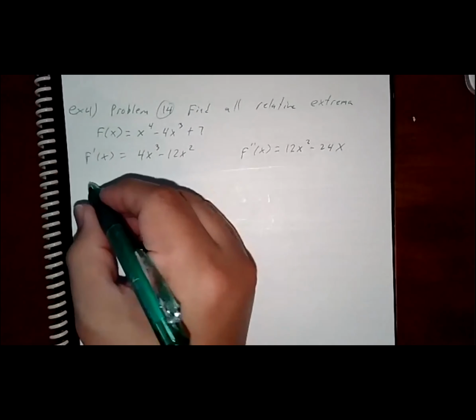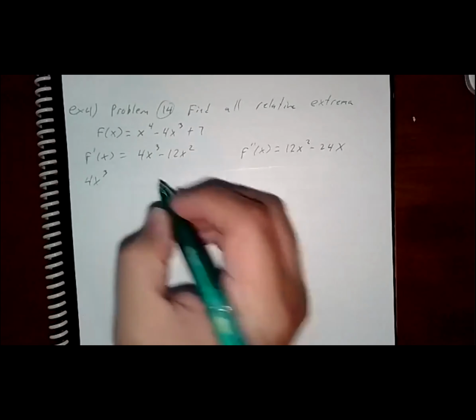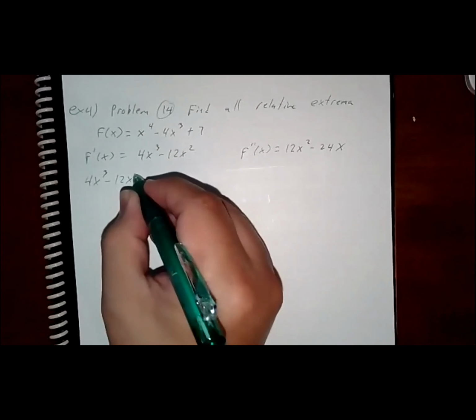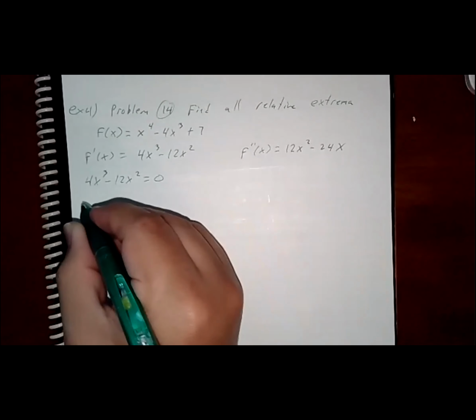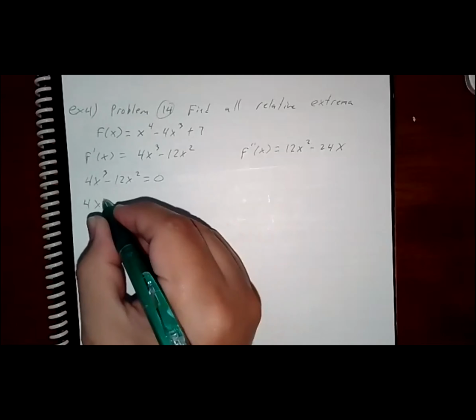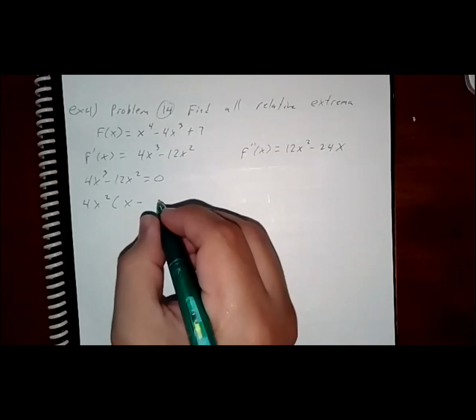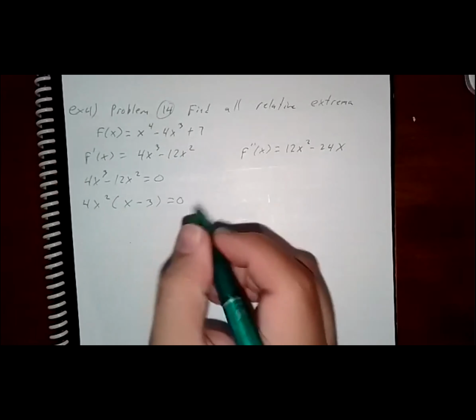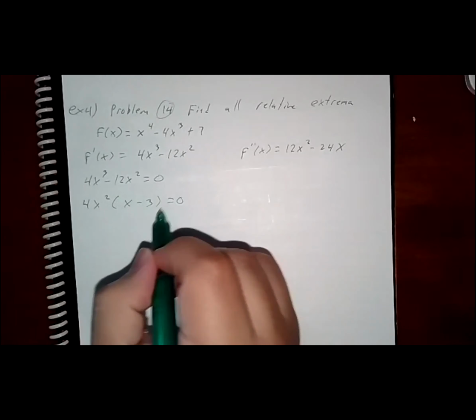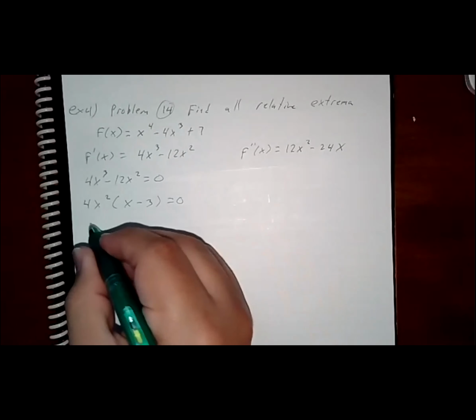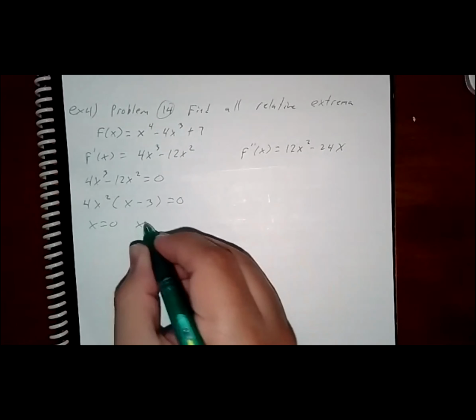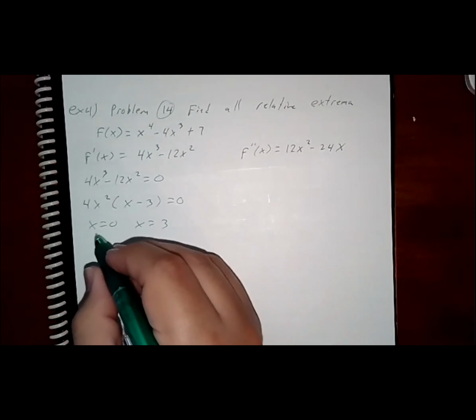All right, so set that to 0. Factor your x squared. That gives us x minus 3. So x equals 0, x equals 3. Those are my critical numbers.